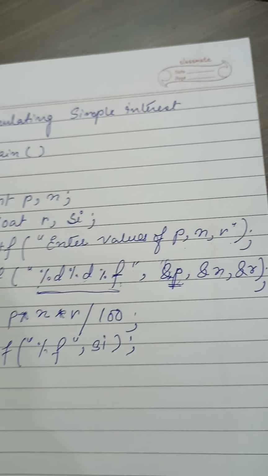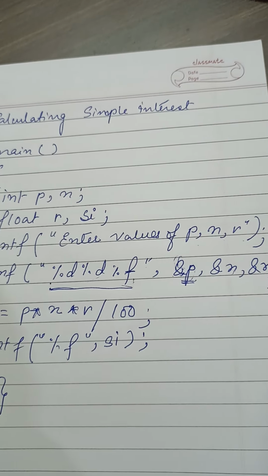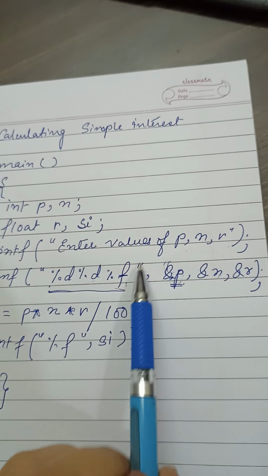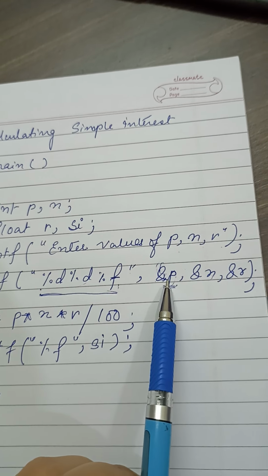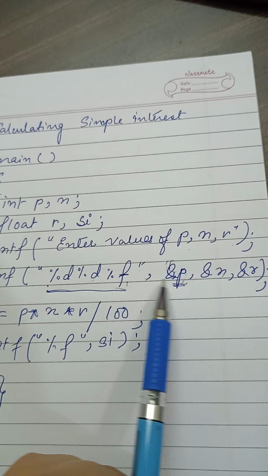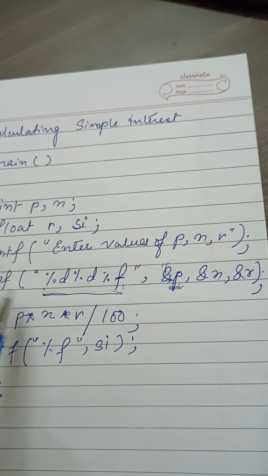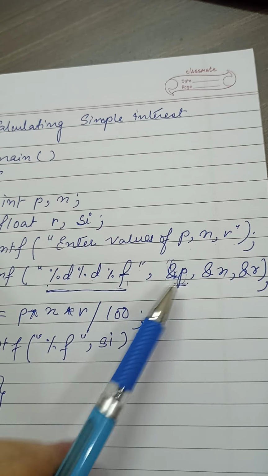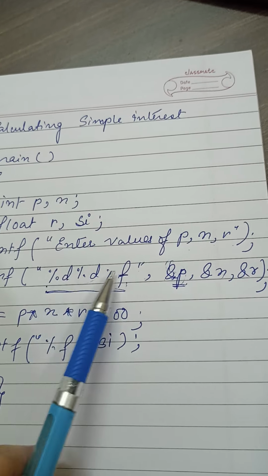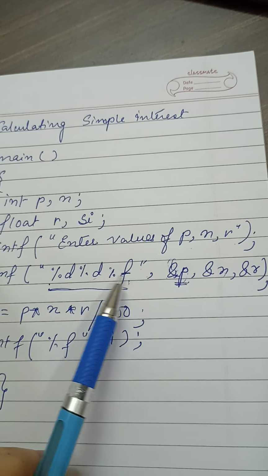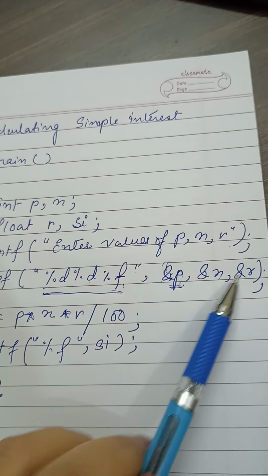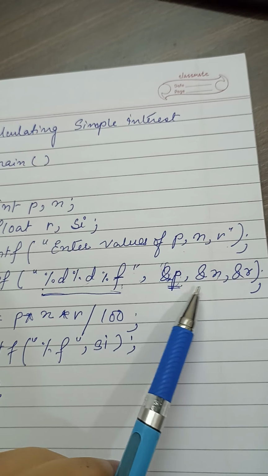The values that you will be entering from the keyboard will be stored in these respective locations, and their types will be integer, integer, and float for the rate of interest.